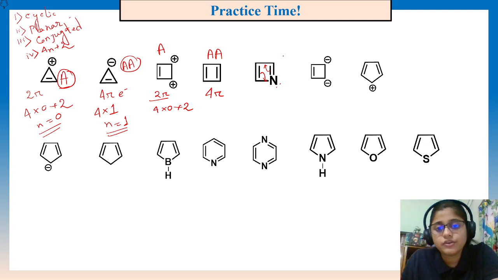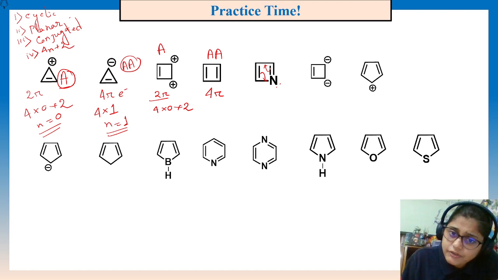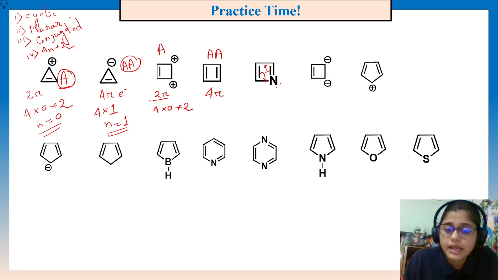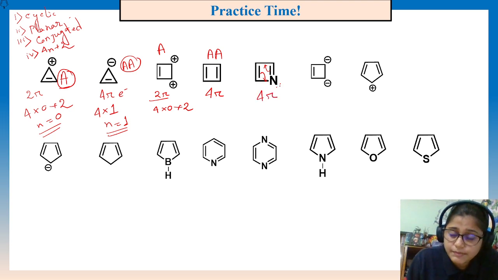You are getting or not? If there was not any double bond here, then it would participate. It would conjugate through this double bond, going to here and here. But here, this lone pair is not participating in the ring conjugation. Here already 2 double bonds are here. So 4 pi only, not 6 pi. So 4 pi again anti-aromatic.